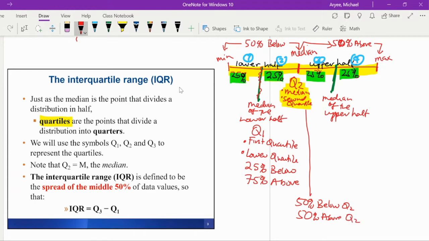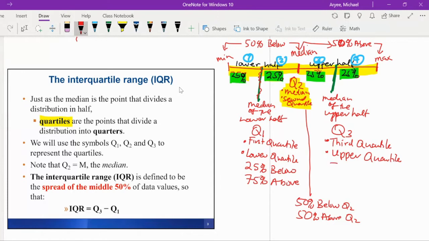Then the median of the upper half has a special name called Q3, and we call that the third quartile. It is also referred to as the upper quartile.